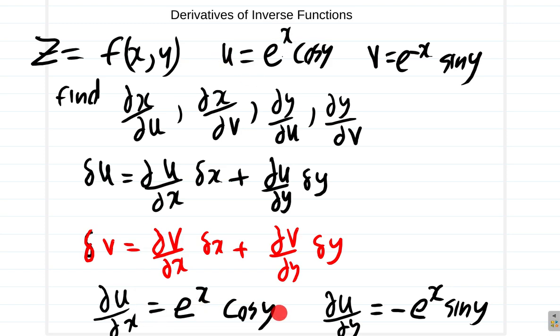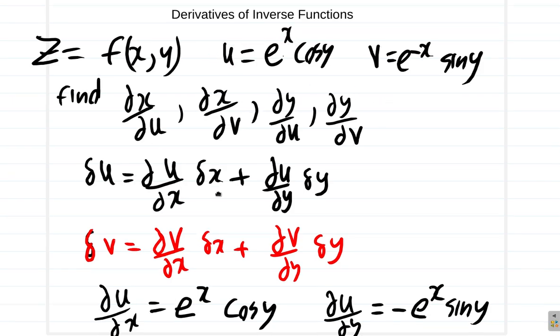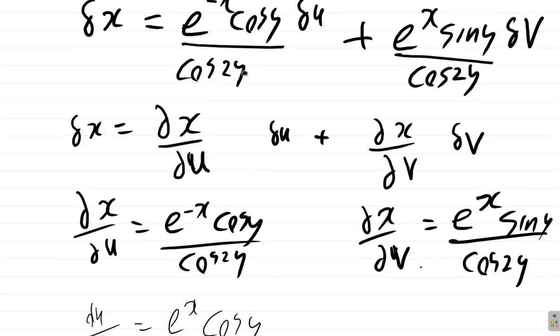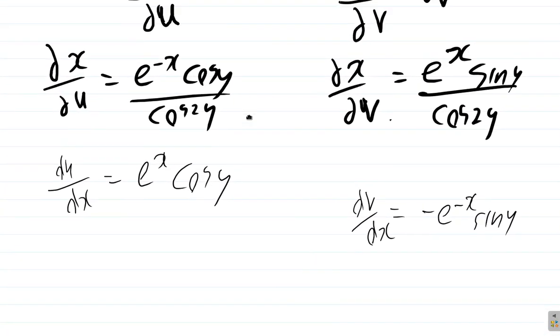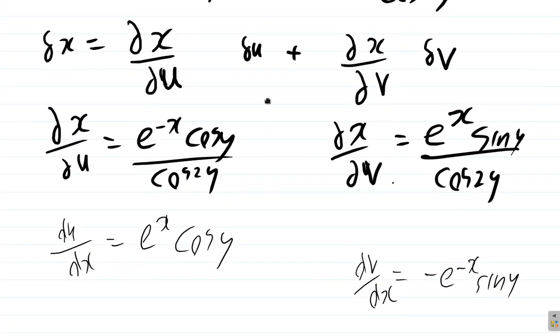Du by dx is e to the x cos y, but here we're supposed to find dx by du, so that's the inverse. Alright, so doing this straightforwardly as it is, you see the amount of work that had to be done in finding all of this.